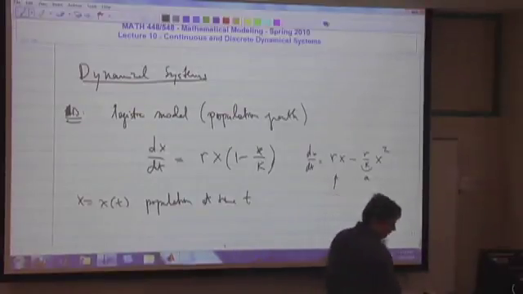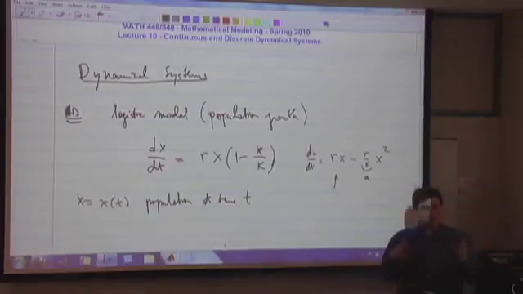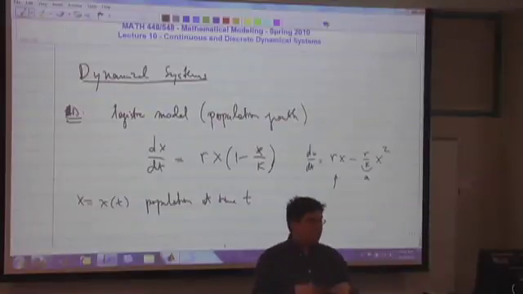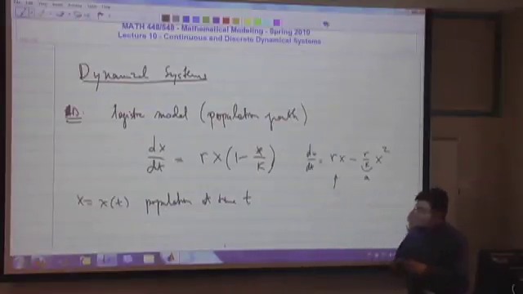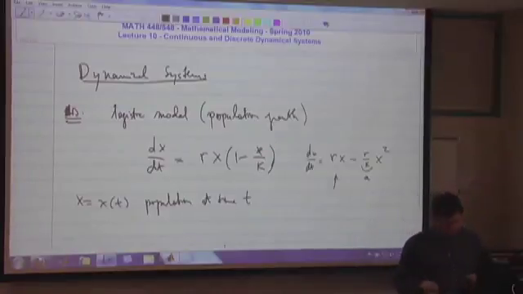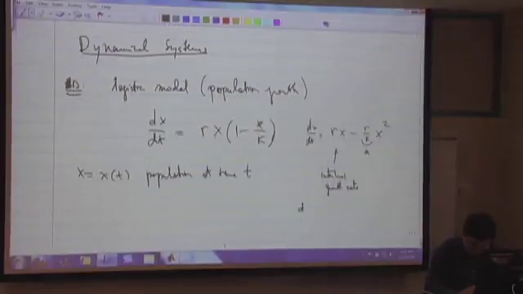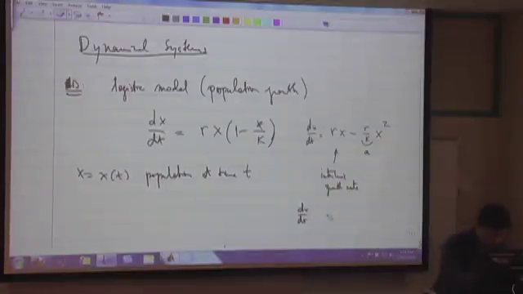That applies to, I don't know, bacteria populations, or individuals that don't compete with themselves. It's just unrestricted growth. So this is an intrinsic growth rate. The reason for that is if you only look at that effect and ignore every other effect, then what you see is an exponential growth.